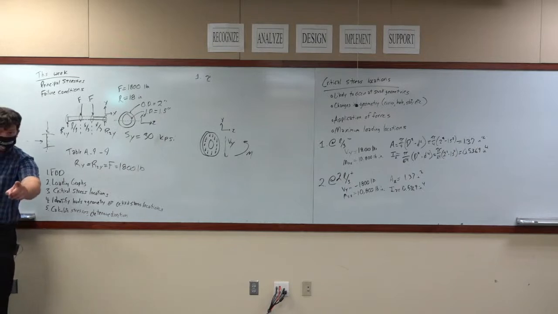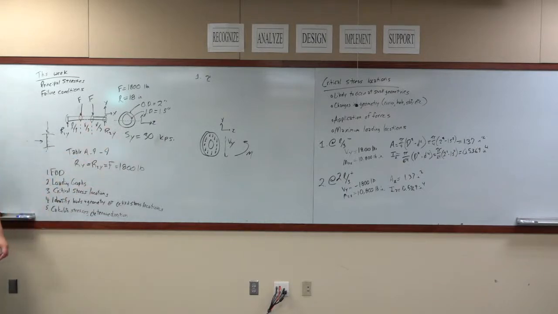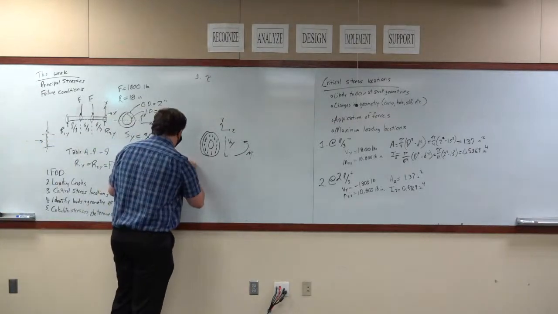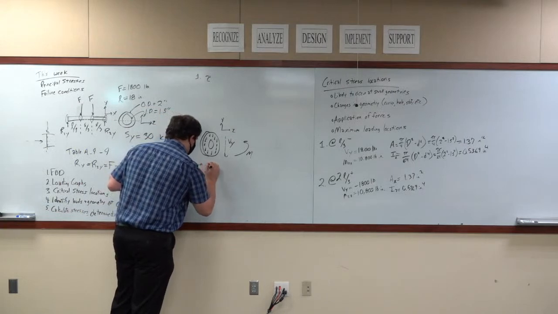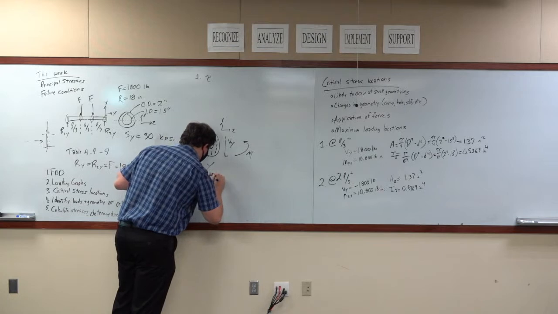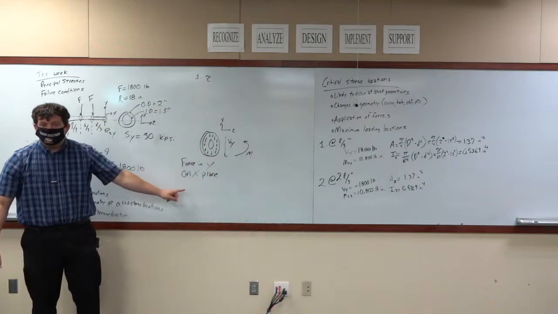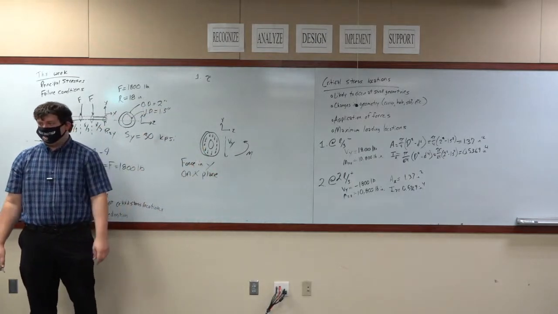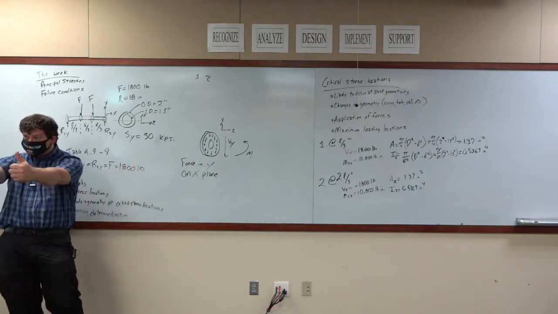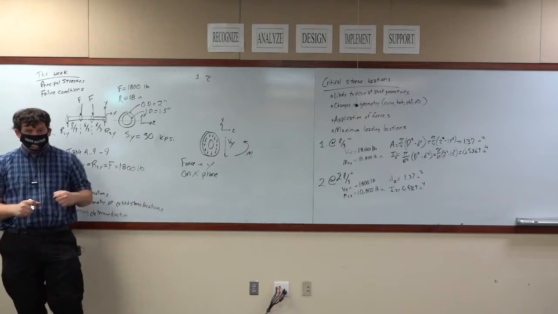What direction is the load occurring in? It's in the Y direction. What face is that occurring on? It's on the YZ plane, which makes it the X plane. That's the same thing. So, force in Y on X plane means this is tau xy. Okay?